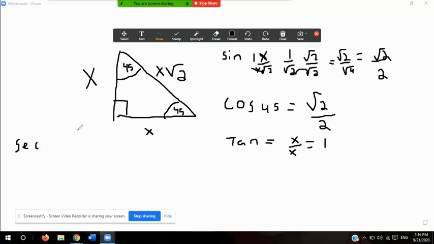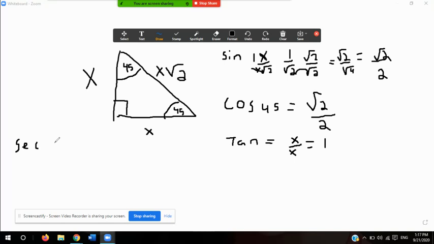So we know that if I'm looking for the secant, it is the opposite of the cosine, or 1 over the cosine, however you want to do it.